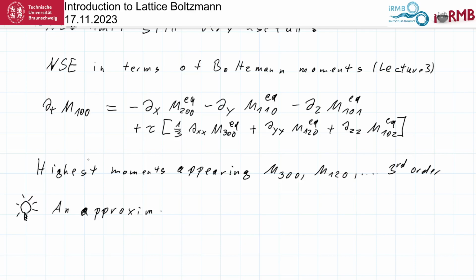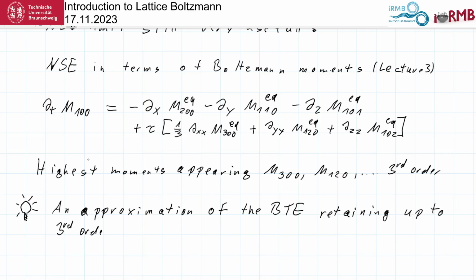So an approximation of the Boltzmann transport equation retaining up to third order moments should be sufficient for solving the Navier-Stokes equation.